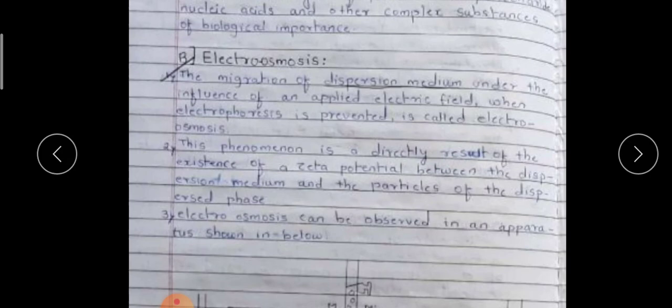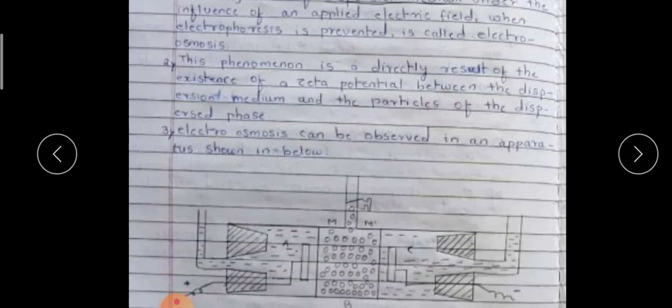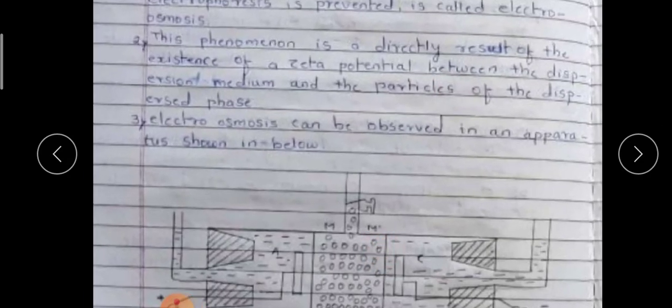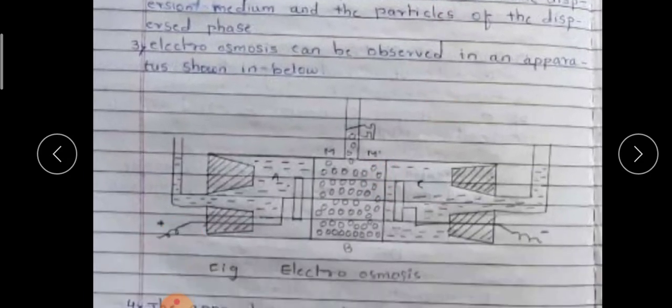Electroosmosis can be observed in an apparatus shown below. You can see this apparatus is used, the same thing we have seen in the case of osmosis. M dash is there, you can see A, B, C, three compartments are there.